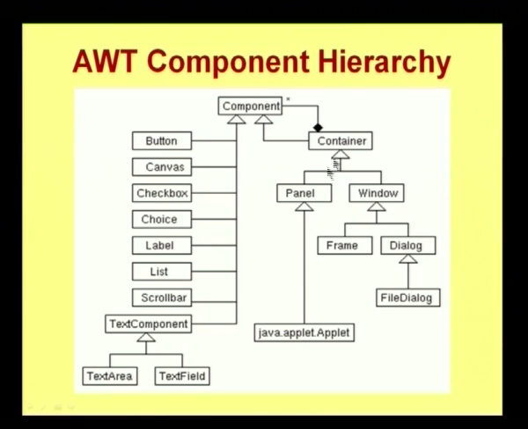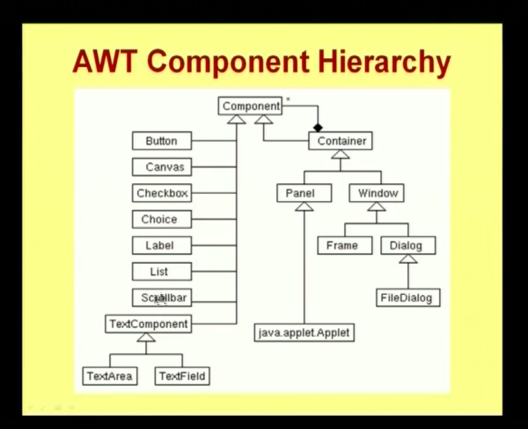Whenever I say container, it can be a Panel or a Window. A Window can be a Frame or a Dialog. Frame is a type of window, Dialog is a type of window, and I can even have FileDialogs. For Panel, Applet is a derived class of Panel. So, I have applets, dialogs and frames in order to create a graphical user interface.